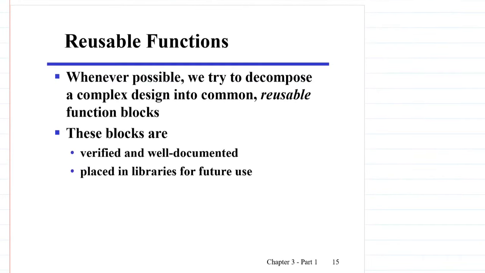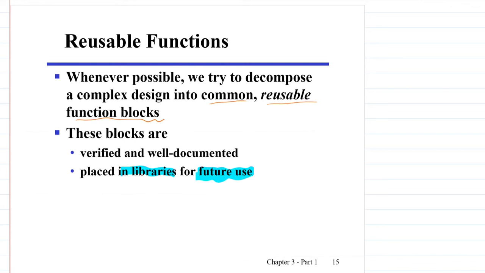Another concept that we have is regarding reusable functions. Whenever it is possible, we try to decompose a complex design into common reusable function blocks. In this way, the function blocks that we have created could be used later. So we place them in libraries in order to use them later.